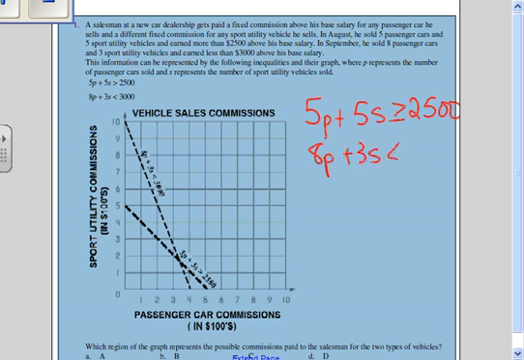P means the number of passenger cars sold. S means the number of SUVs sold. Looking at the graph, where would you shade? Take a look at that, try to answer that question, and check it with your teacher. Good luck.